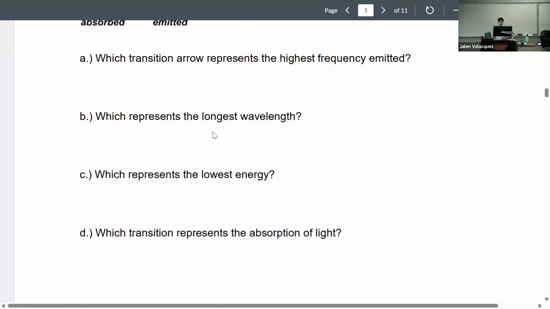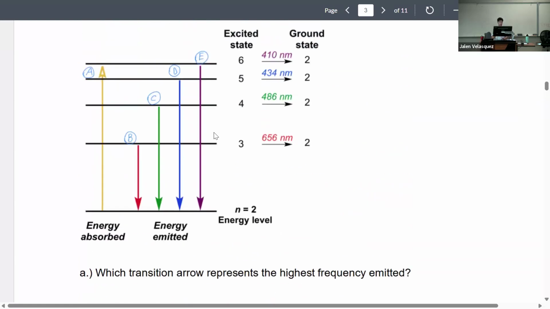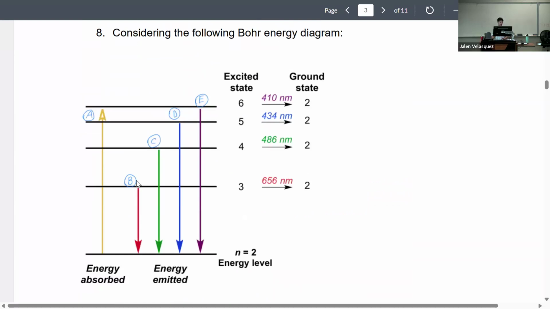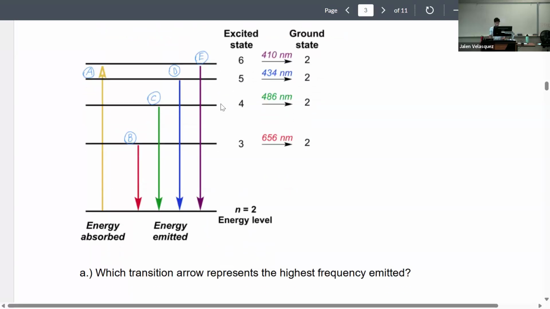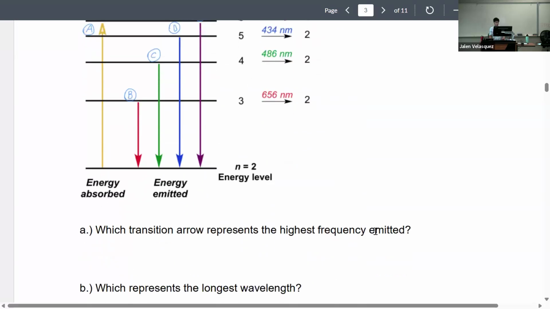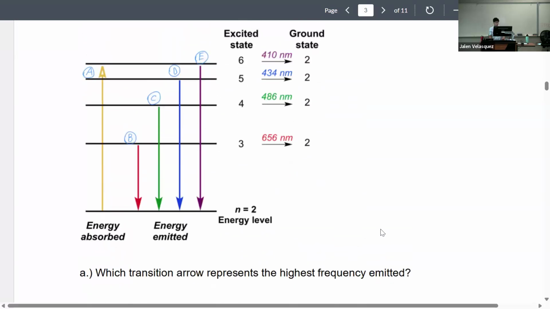So let's go ahead and reason those through, right? Like I said at the beginning, you need to first know that this is a Bohr energy diagram. So these arrows are representing energy. And then from there, you can use your knowledge about the relationships between energy, frequency, and wavelength, right? So what is the highest frequency emitted? In terms of emission versus absorption, when an atom is absorbing energy or emitting energy, how is the electron moving in terms of energy level?